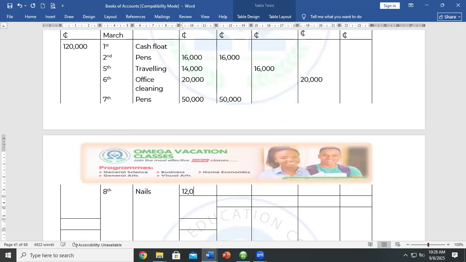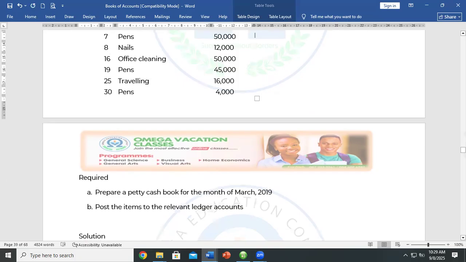So that will go under the nails column. Now, the remaining balance is 8,000, right? But our next expense is 50,000. So it means we have to stop and get the reimbursement before we can continue to spend.